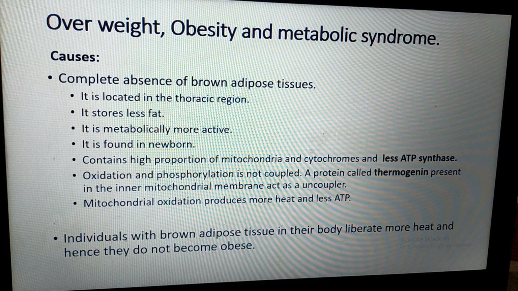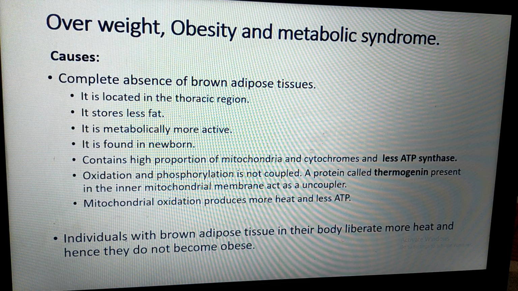This thermogenin acts as an uncoupler of oxidation and phosphorylation. That means oxidation takes place in the electron transport chain and phosphorylation takes place in ATP synthase, that is the fifth complex, chemiosmotic theory.